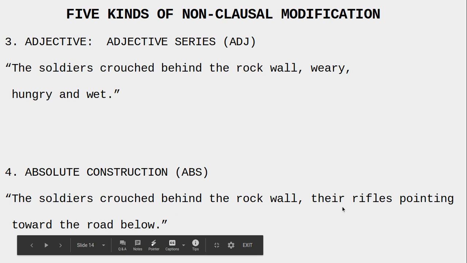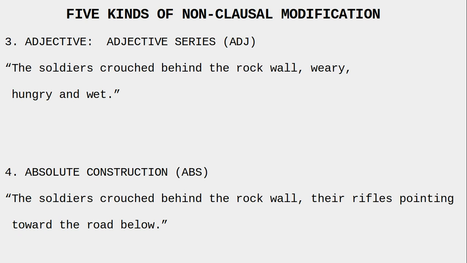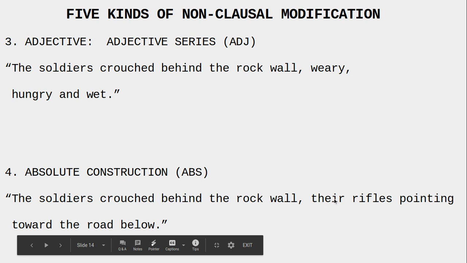Okay? By adding everything that would normally be in the clause except for the form of to be, in this case the verb were, we simply get basically a structure that becomes a modifier. It's something that just describes something in the original clause. And in this case, absolutely, that's what's happening.